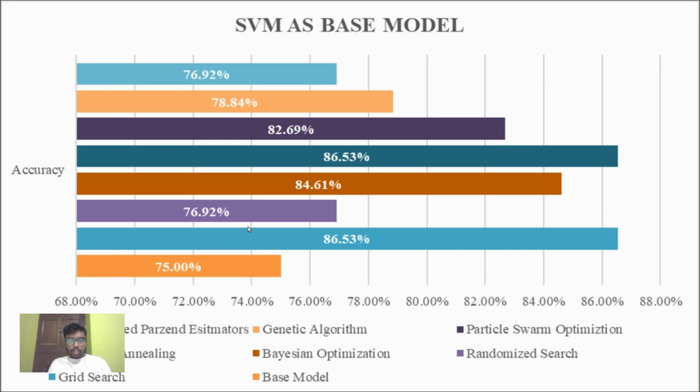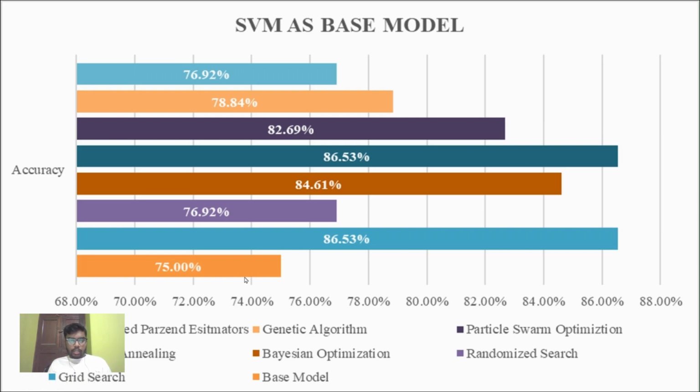For easy understanding, I visualized the hyperparameter tuning methods' accuracy and base model accuracy. This diagram represents SVM as the base model and the hyperparameter tuning algorithms that I applied on SVM. This dark orange represents the base model.